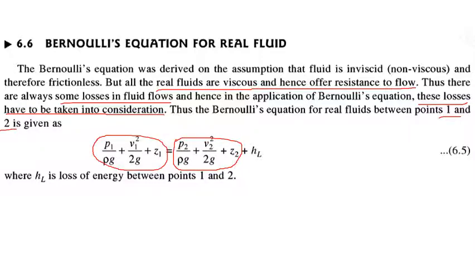These two are equal only if we account for a loss in head, that is HL, between these two sections. That is, when the fluid started its motion from section 1 and reached section 2, it lost some energy or head, that is HL, which is the loss of energy. That must be added to Bernoulli's equation for real fluids.